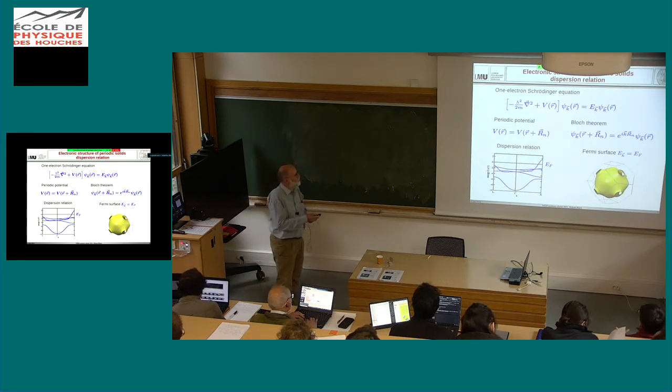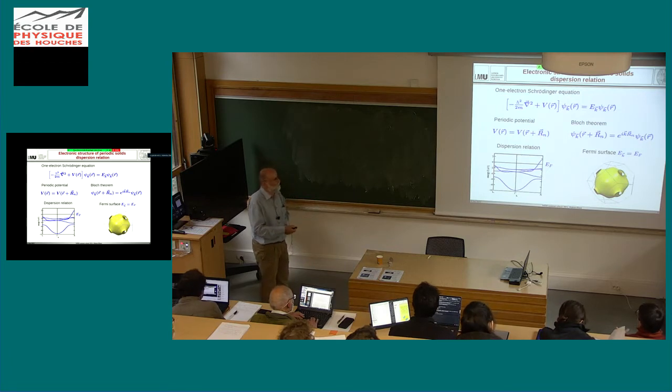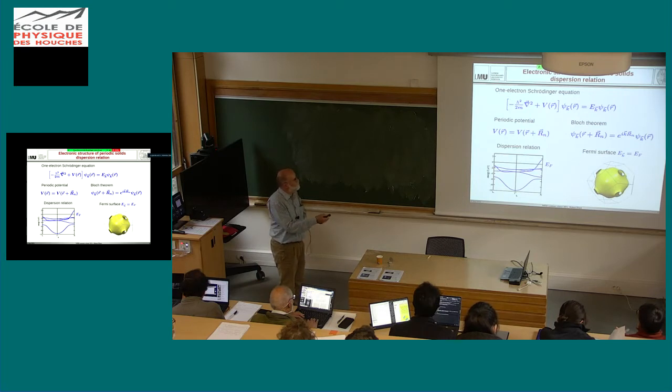Important for us, it's giving first, of course, the symmetry of these solutions to the Schrödinger equation, and it introduces some type of a quantum number k, that is, of course, the wave vector. And most important, these solutions to the Schrödinger equation with a periodic potential have the property that they are orthogonal if k and k prime are different.